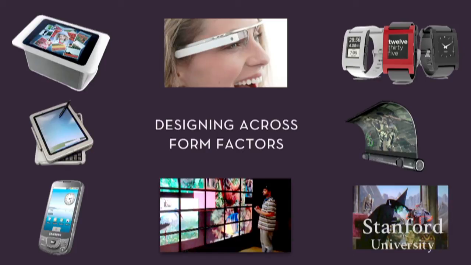Manually retargeting pages for every possible form factor is already more or less impossible. What's needed are automatic methods that adapt content across devices. And design mining gives us some intuition that it may be possible to develop these techniques in a data-driven way.